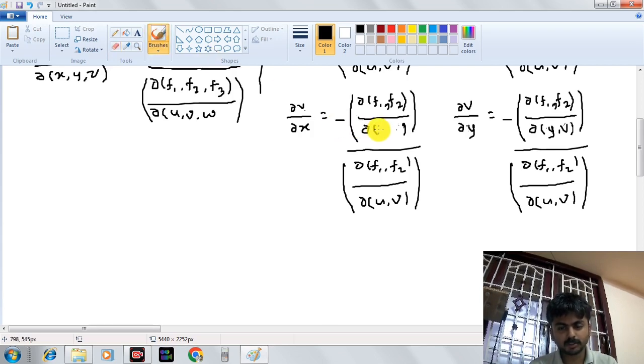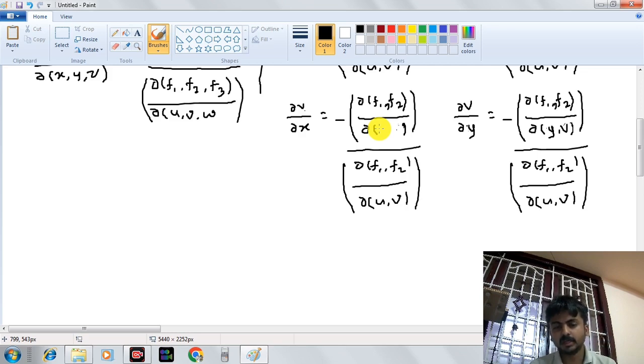We are writing the partial derivatives with respect to the Jacobian. In a Jacobian, which is a determinant, we get the value as the product of the main diagonal elements minus the other diagonal element.